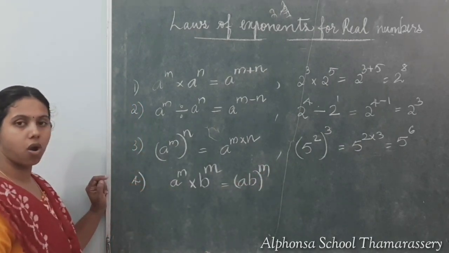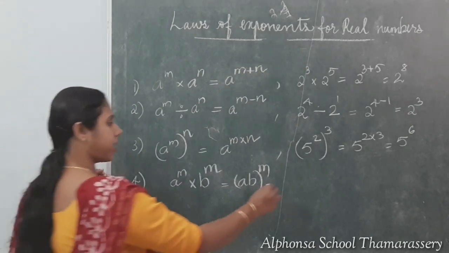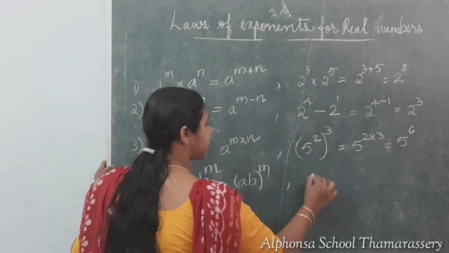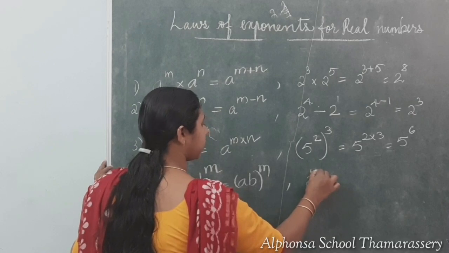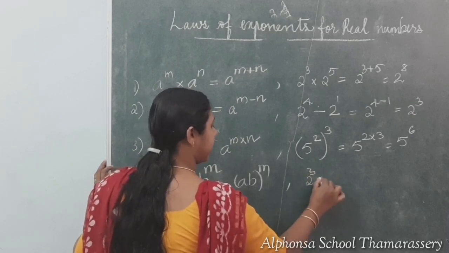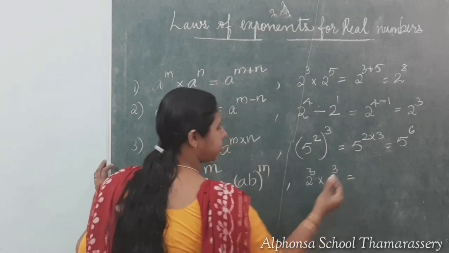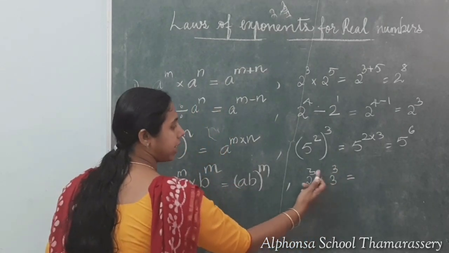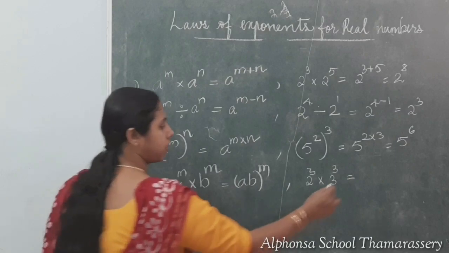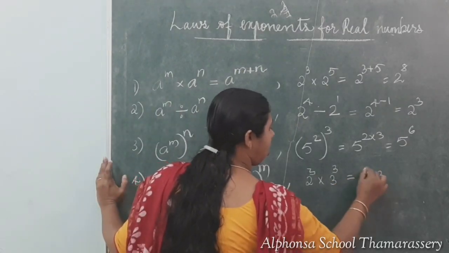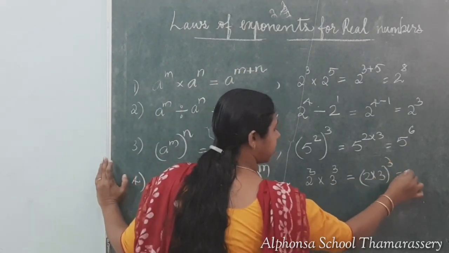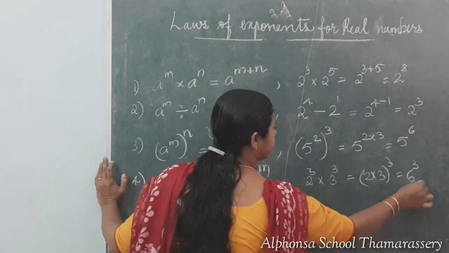For example, 2 raised to 3 into 3 raised to 3: bases are different, exponents are same. So it is 2 into 3 whole raised to 3, which is equal to 6 raised to 3.